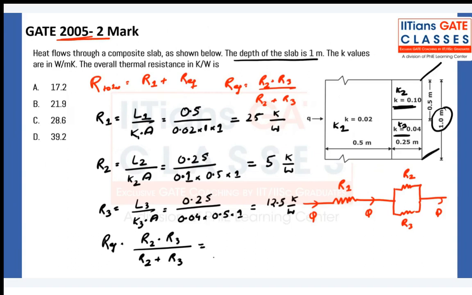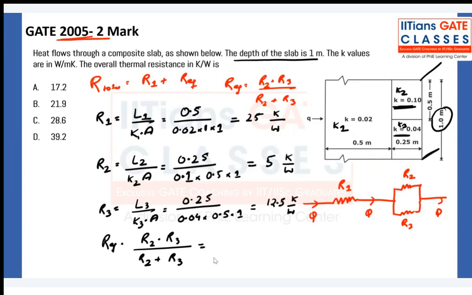Acha, L and K got changed. That is why practice is required. Sean, that is the reason that practice is required. Okay. Chalo. R equivalent. Shruti, how much is R equivalent? Vijaya, R equivalent is R2 into R3 upon R2 plus R3. Yes, C is the correct answer.